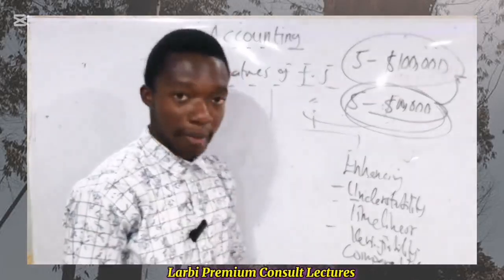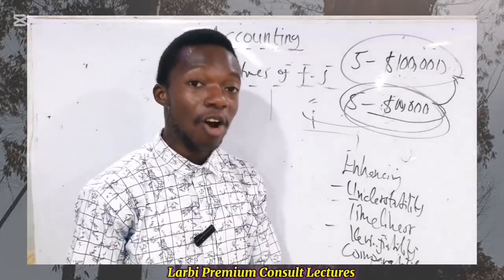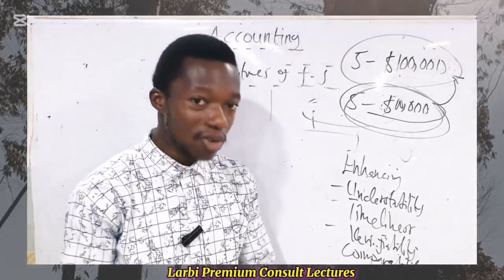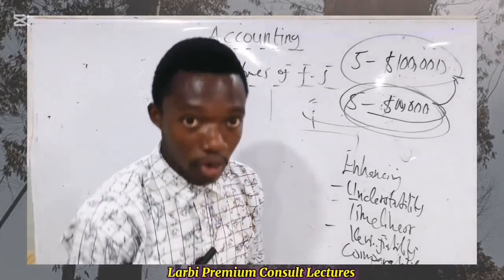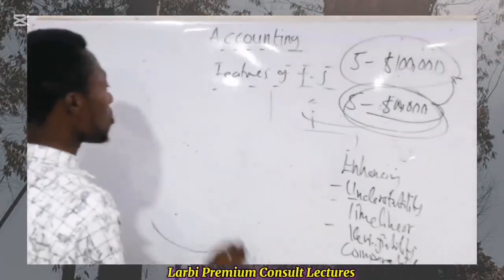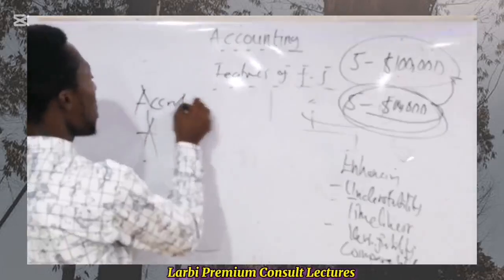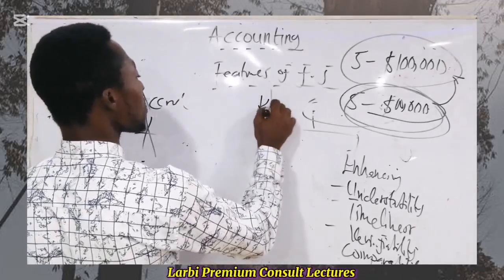Then we have verifiability. When we say verifiability, knowledgeable, independent observers can reach a consensus over the same results over a period of time. Let me give a classical example. Let's say we have accountant A in Accra, and accountant B in Kumasi.